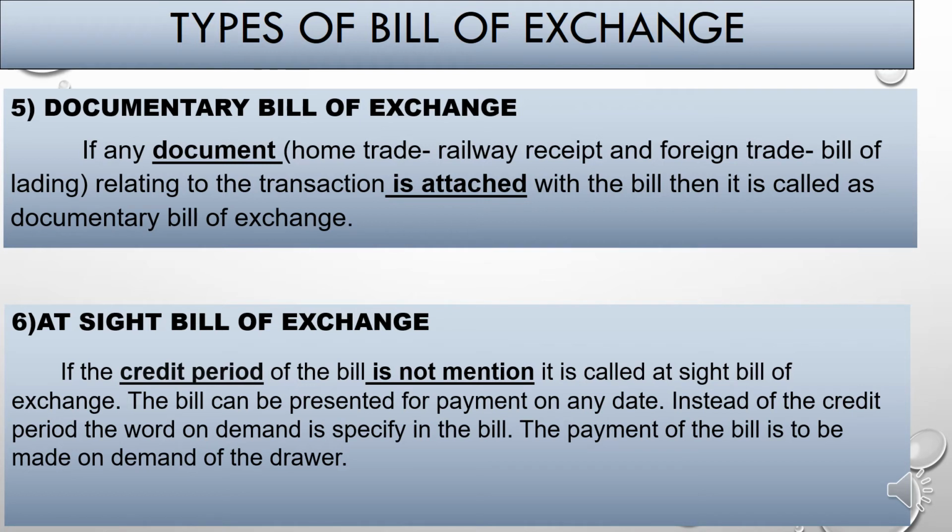But over here, the credit period is not mentioned. Whenever the drawer wants the money from the drawee, he can demand that money from the drawee. Therefore, it is known as at sight bill of exchange.